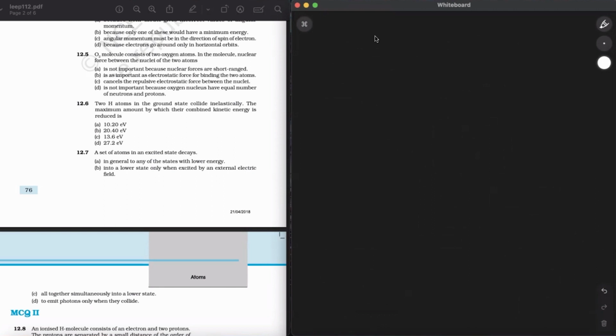Now we have question number 6. Two H atoms in the ground state collide inelastically. The maximum amount by which the combined kinetic energy is reduced is... At the ground state, the lowest energy state, the electron revolves around the smallest orbit, which has the radius a naught.